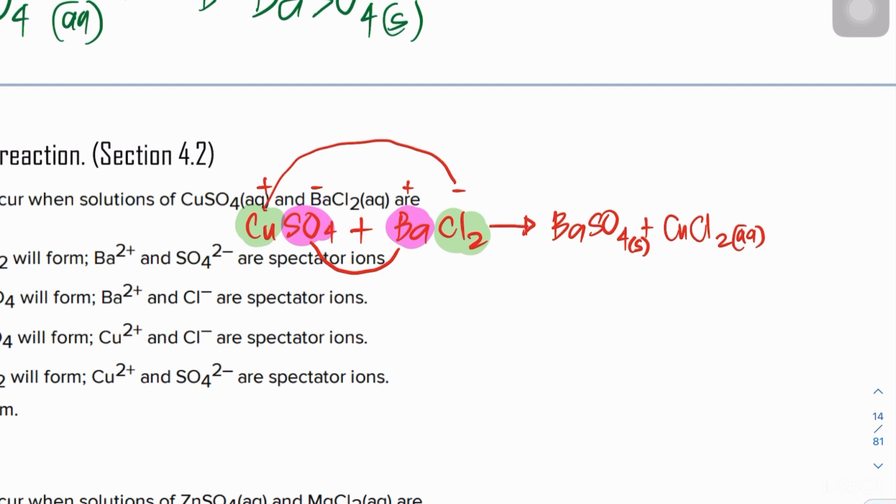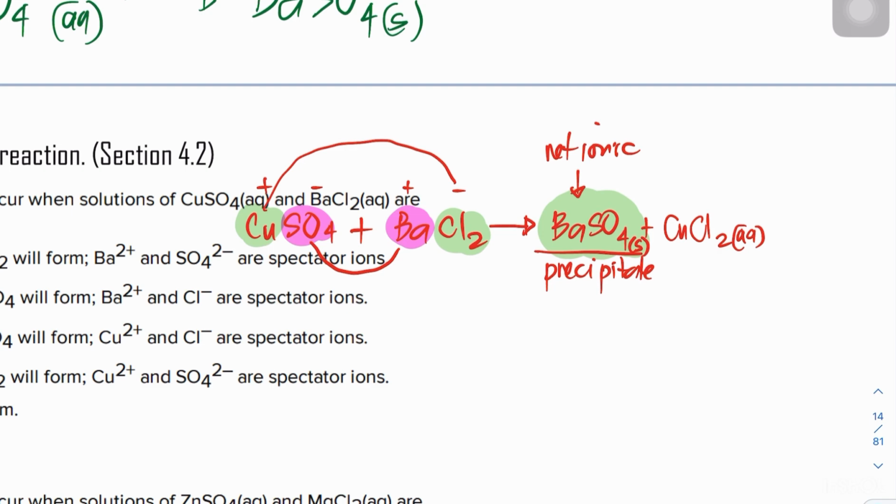So, as I said a while ago, if it is solid, this will be the source of your net ionic equation. Meaning this is your precipitate.